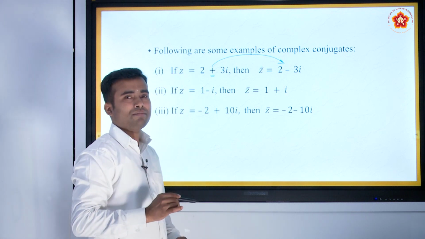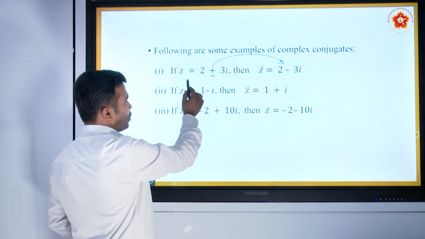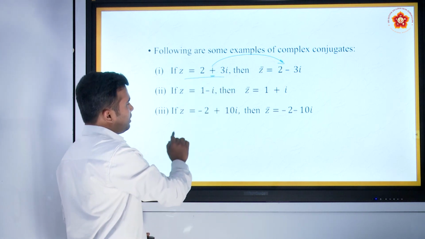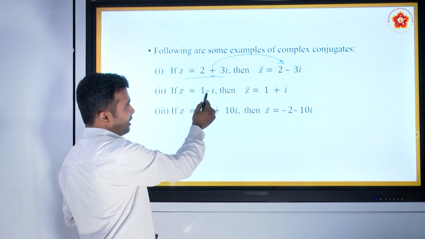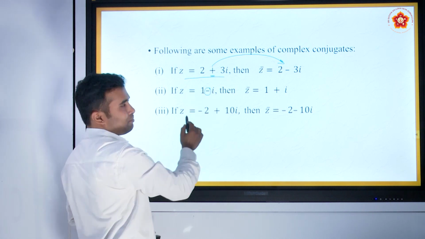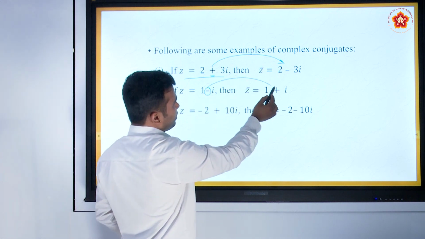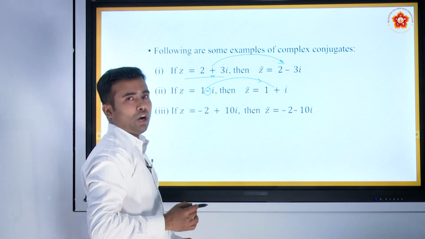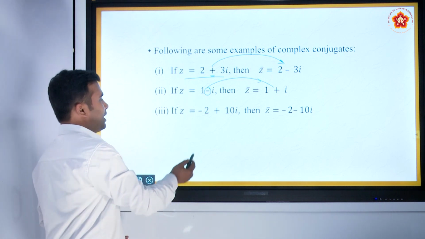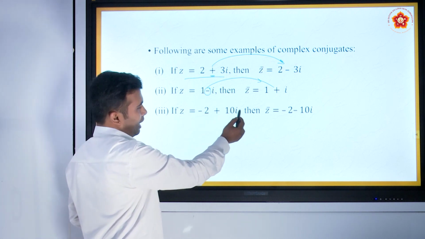Similarly, z is equal to 1 minus i, and here the minus can be changed to plus when writing the conjugate. And here we have z is equal to minus 2 plus 10i.